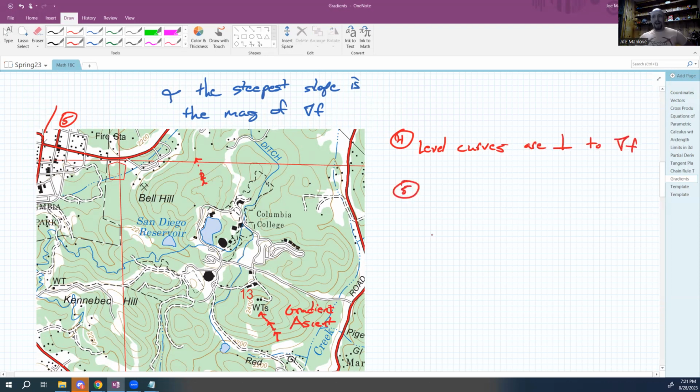And 5, what's an application? You can get to the top of a hill by following the gradient up.